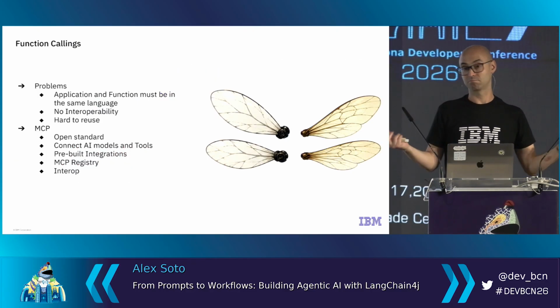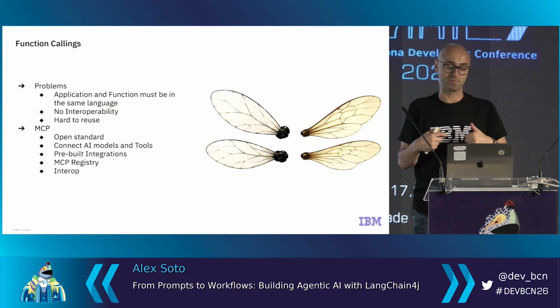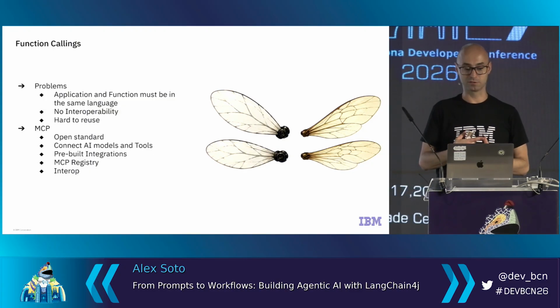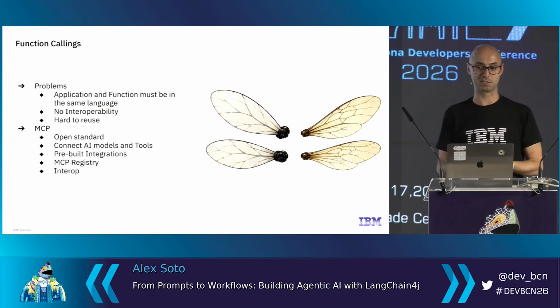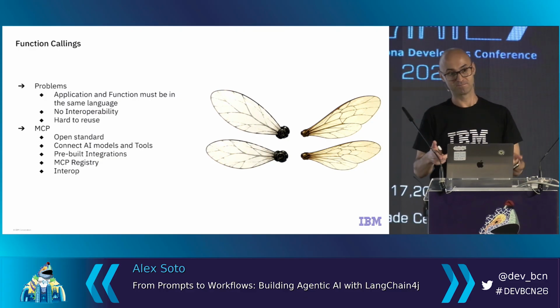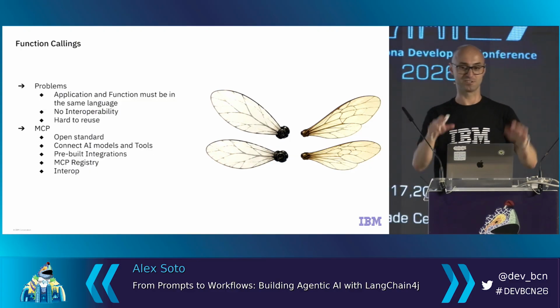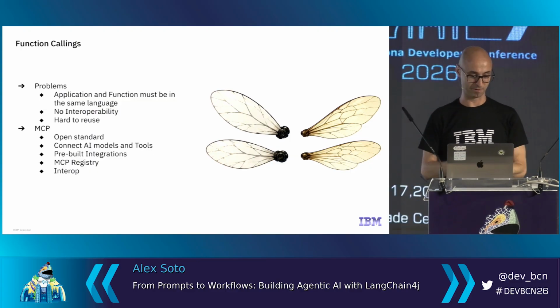Then, yeah, it's great, it works, but there is no interoperability. What's happening if my application is in Java and I've got a tool that is implemented in another language? Let's say Go, because I don't want to name the other languages, so let's call it whatever.